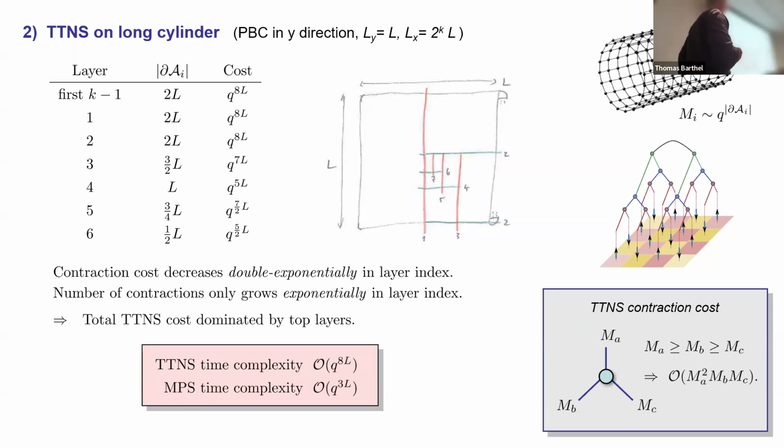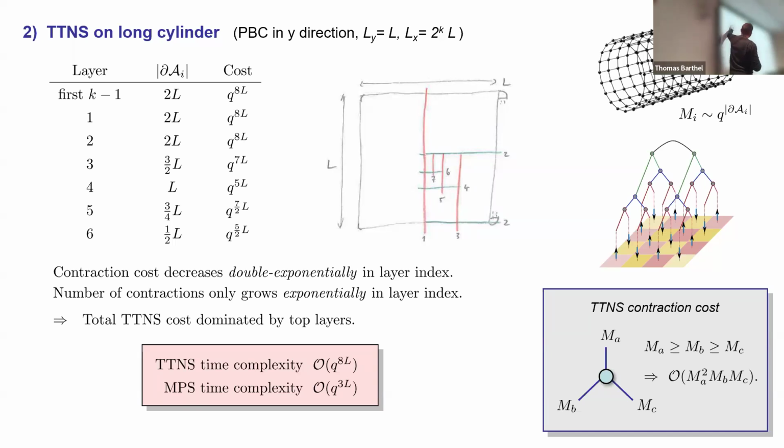And now there's another aspect to think about because, okay, a contraction in layer 2 now costs us this q to the 8L, but you could say, okay, I just have very few tensors in layer 2. I have many more tensors, but the number of tensors increases exponentially in the layer index. But it actually doesn't matter.